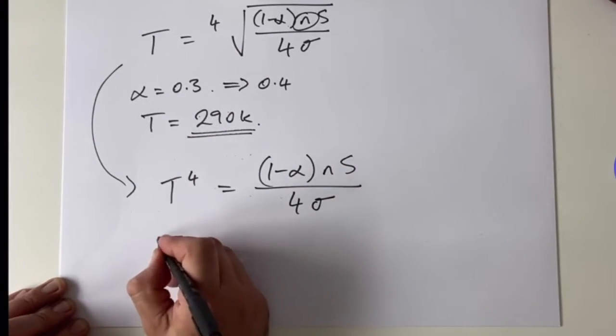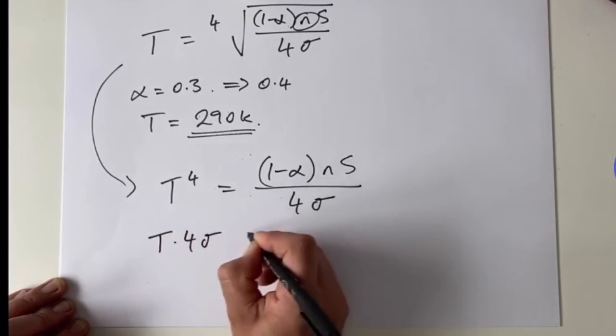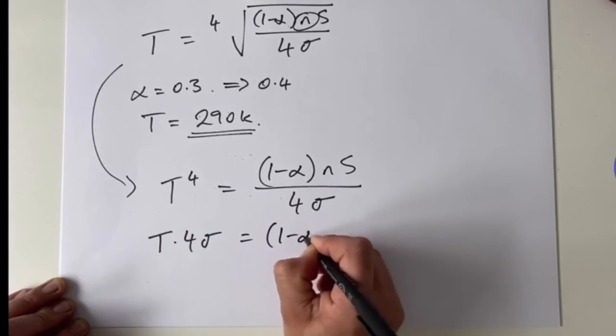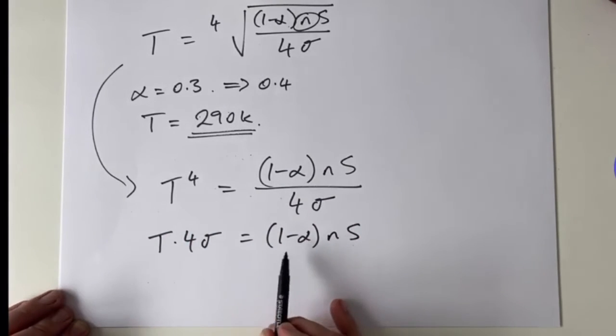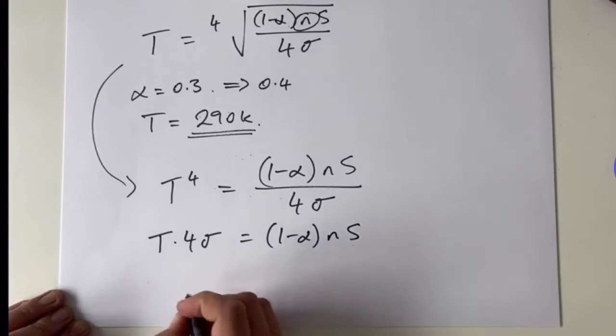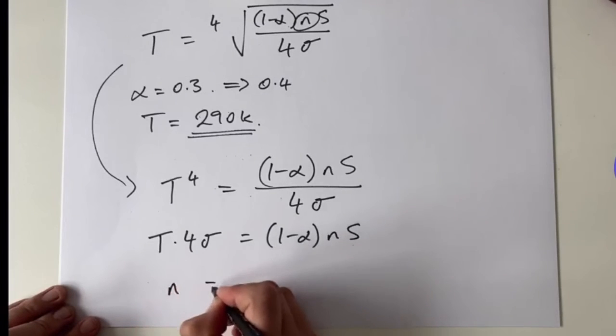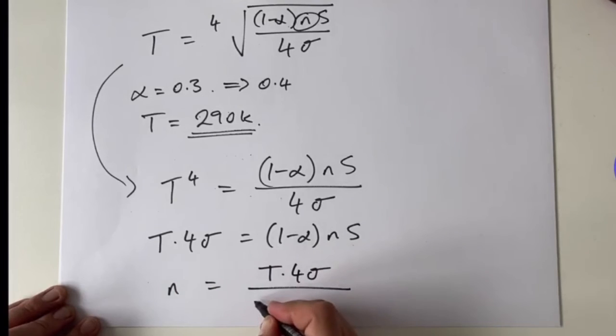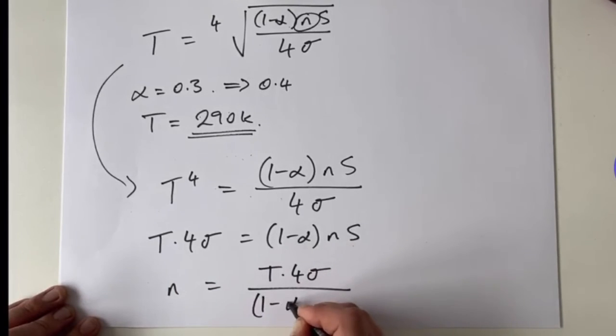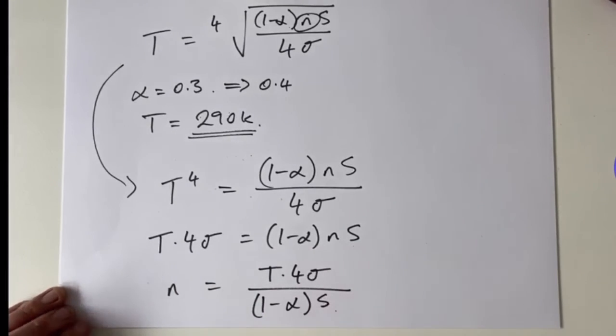Take the 4 sigma up here, T to the 4 times 4 sigma equals 1 minus alpha n times s. So now if we divide both sides by 1 minus alpha s, we get n equals T to the 4 times 4 sigma over 1 minus alpha s.